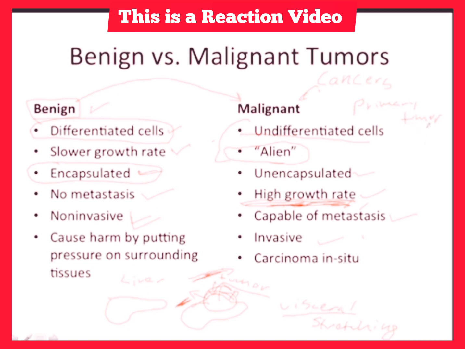Okay, so a malignant tumor is going to start out as a primary tumor. So with testicular cancer, you're going to have a primary tumor in the testes, and then if it metastasizes, basically what we're saying here is these fast-growing, undifferentiated cells of this malignant neoplasm are going to break off and spread.